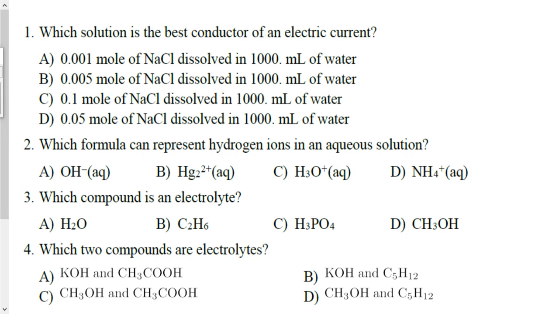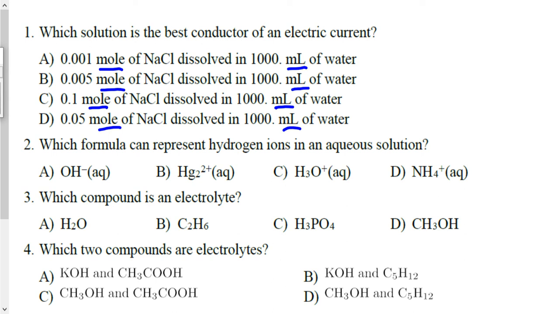The first question we have is: which solution is the best conductor of an electric current? They gave you four options and we have to pick the best possible option. In these options, you can see that they gave you two pieces of information, something about moles and then volume in terms of milliliters. So think about what you know in terms of conductors of an electric current.